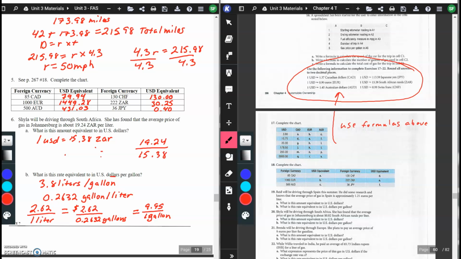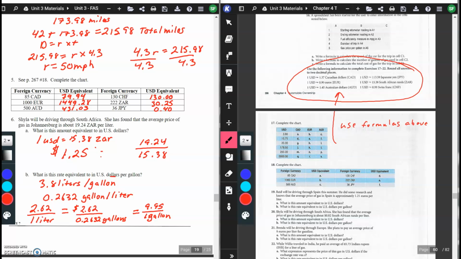Okay, 19.24 in the calculator divided by 15.38 gives you $1.25.